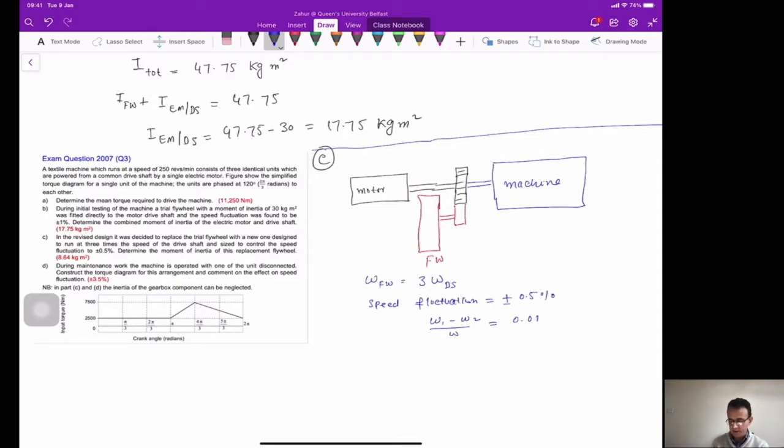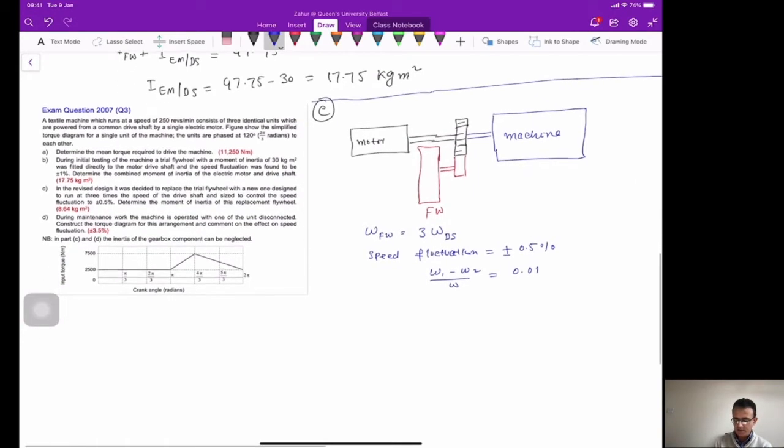You just multiply this with 2 and then divide it by 100, and you will get the fractional speed fluctuation. So now in this case, what you need to calculate is the moment of inertia of the flywheel. The unknown is the moment of inertia of the flywheel.